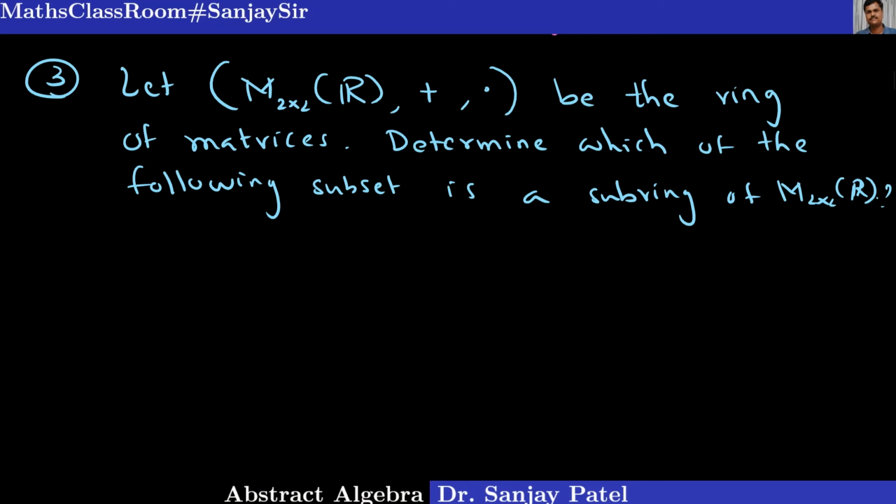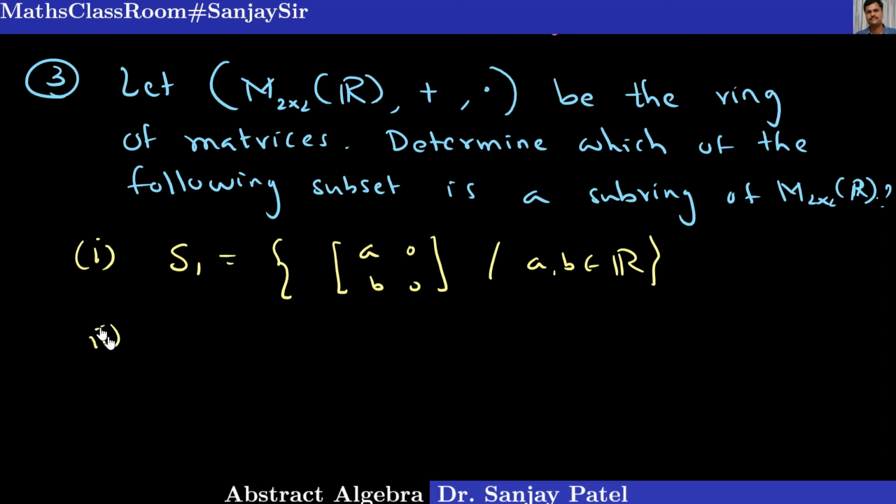So let me list some subsets of this. So first of all, I will take S1 is equal to the set of all matrices of the form [A, B; 0, 0] such that A and B belong to R.